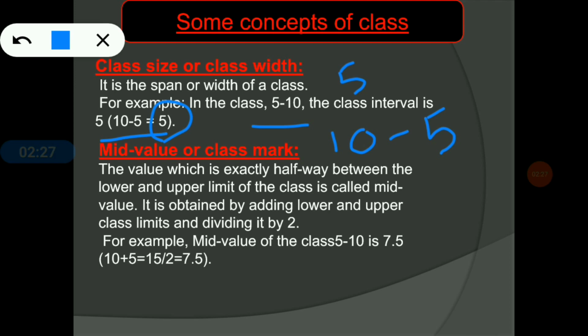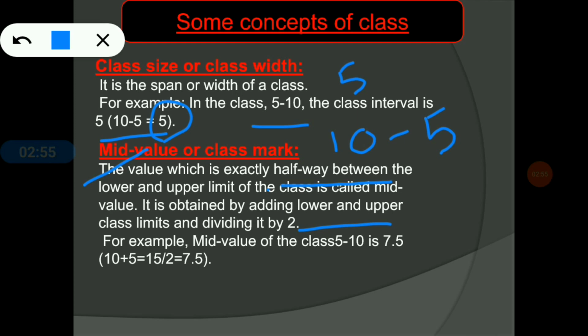Now going to the next part, that is the mid value or the class mark of a class. The mid value is exactly halfway between the lower and upper class limit. How do we get the mid value of a particular class, learner? The mid value is obtained by adding the lower and upper class limits and dividing by 2.